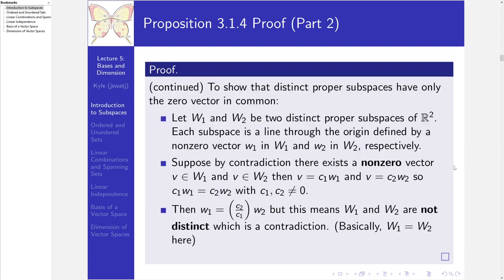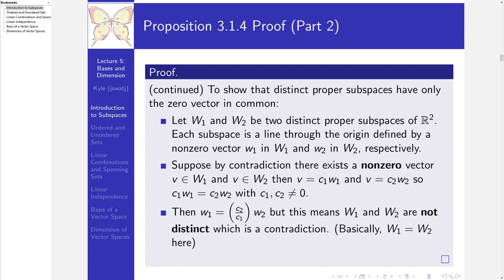And then to continue the proof, to show that they're distinct, proper subspaces only have the zero vector in common. Well, if we had two proper subspaces in R squared, and there was some non-zero vector, like say v, in both spaces, we could write them in terms of scalar multiples of w1 and w2.